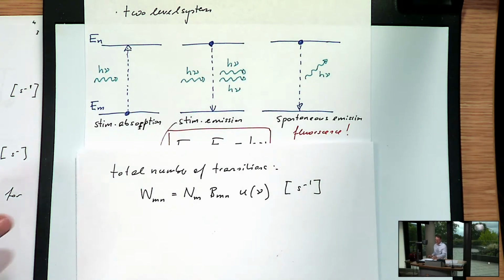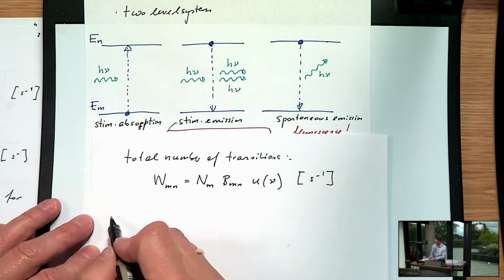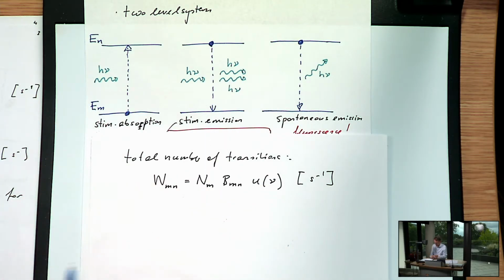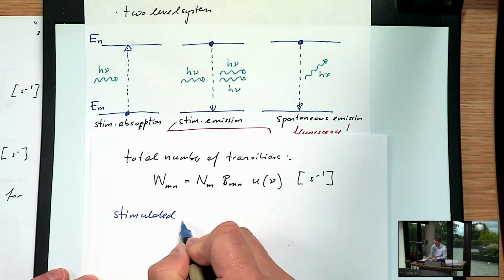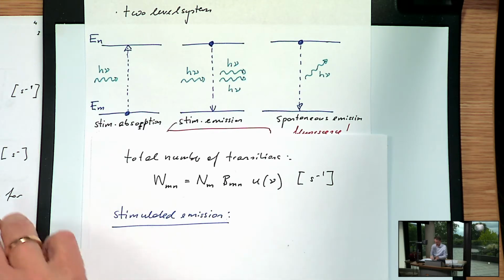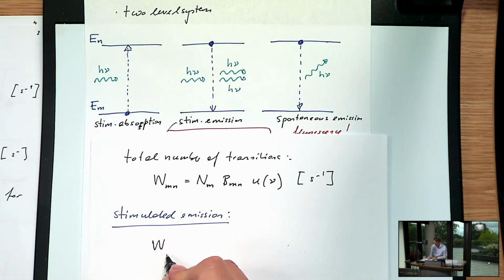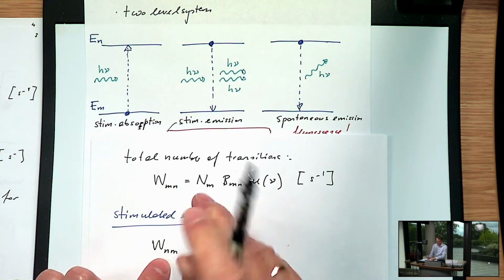Okay, now we can go to the second process. Let's go to stimulated emission. So here we have an equation that's similar. Note that just these subscripts are swapped around.